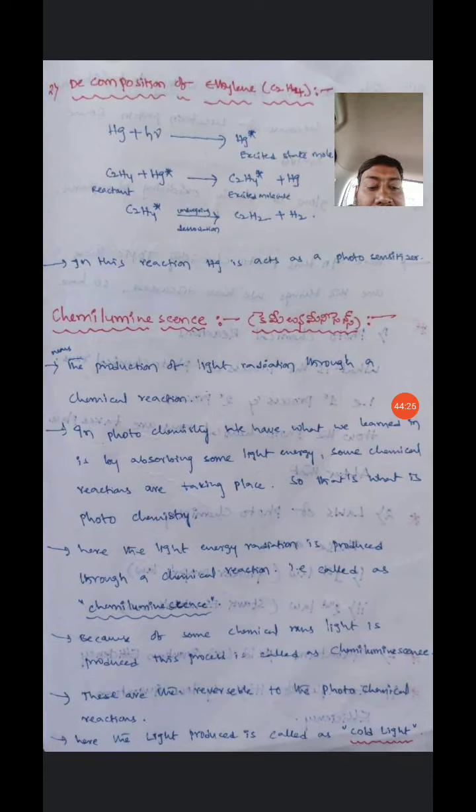So this process is called chemiluminescence. These chemiluminescence reactions are the reverse of photochemical reactions. The light produced is called cold light.